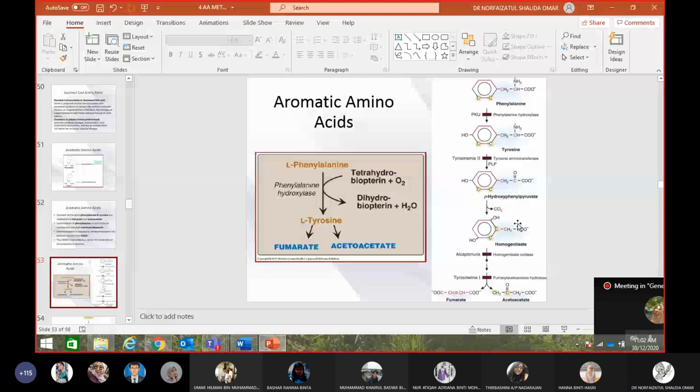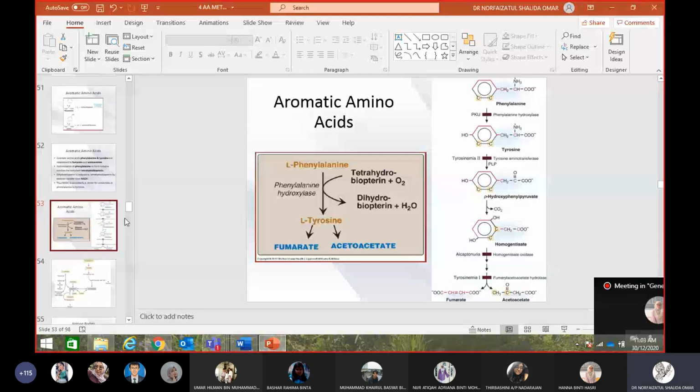Phenylketonuria. Okay, so without phenylalanine hydroxylase, phenylalanine cannot be converted, and that will cause phenylketonuria. And then there are other diseases related to it, like tyrosinemia and alkaptonuria. PKU and alkaptonuria I mentioned in the inborn errors of metabolism.